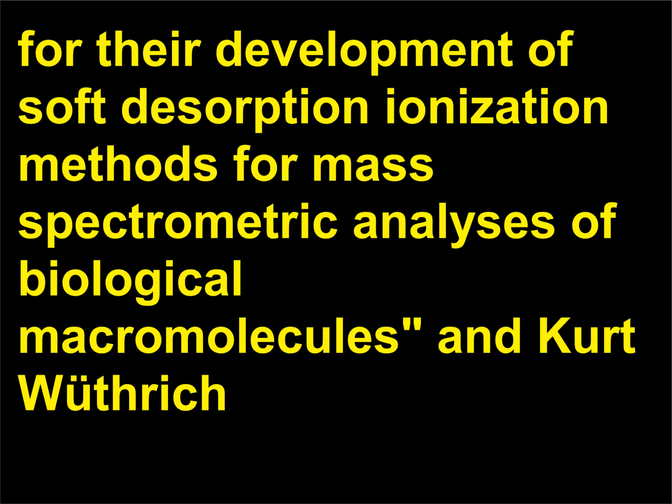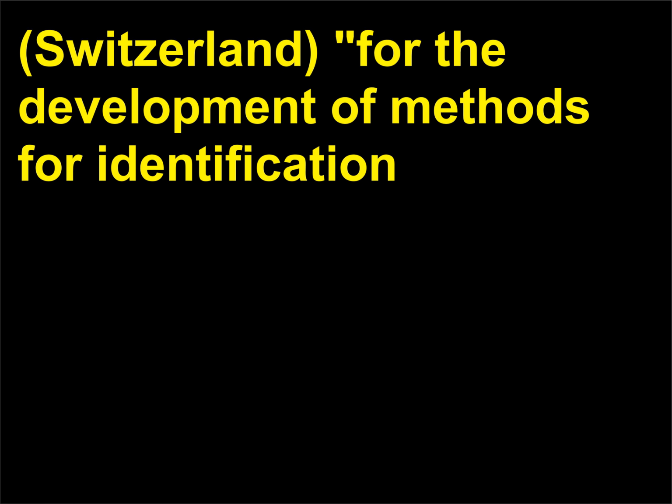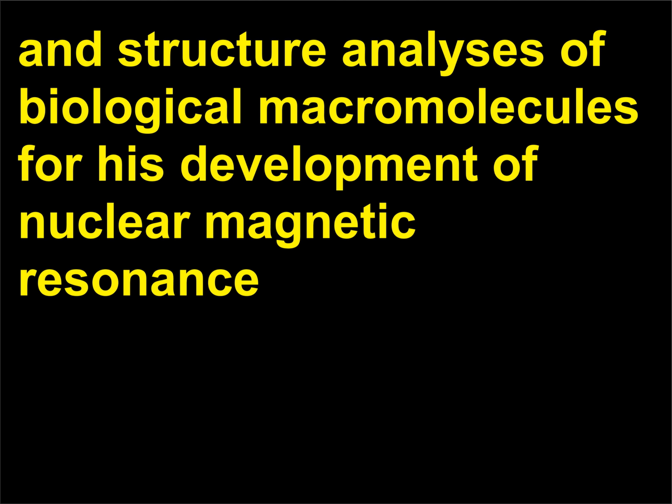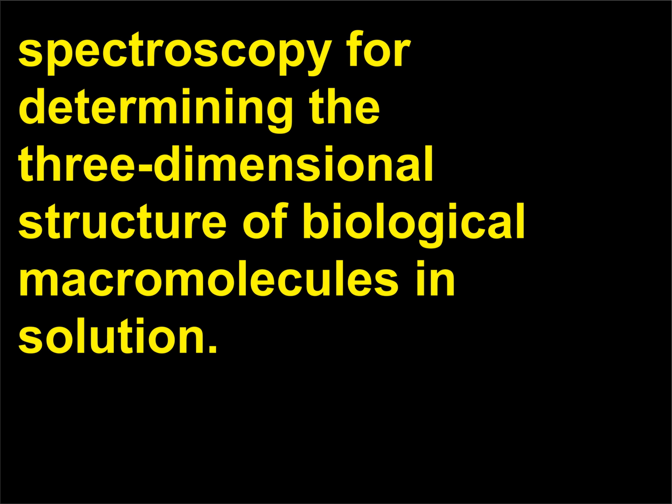For their development of soft desorption ionization methods for mass spectrometric analyses of biological macromolecules. And Kurt Wuthrich, Switzerland, for the development of methods for identification and structure analyses of biological macromolecules, for his development of nuclear magnetic resonance spectroscopy for determining the three-dimensional structure of biological macromolecules in solution.